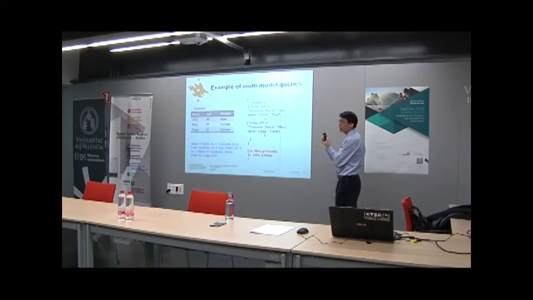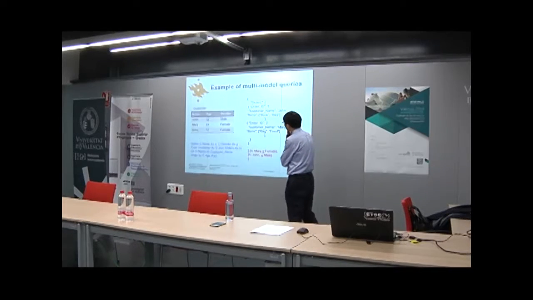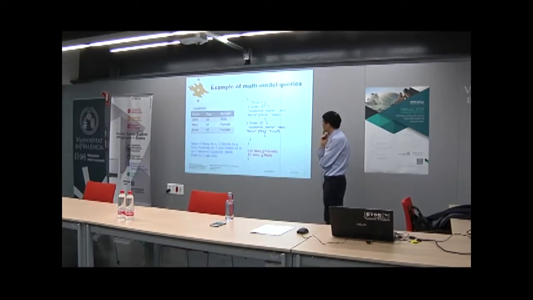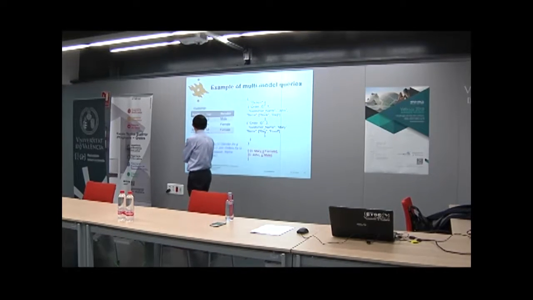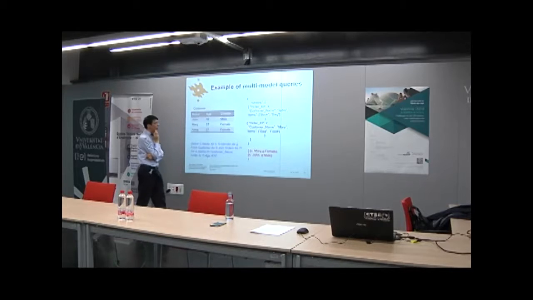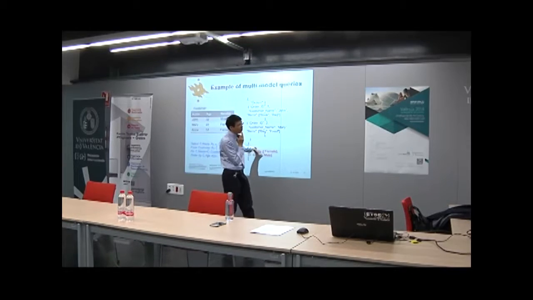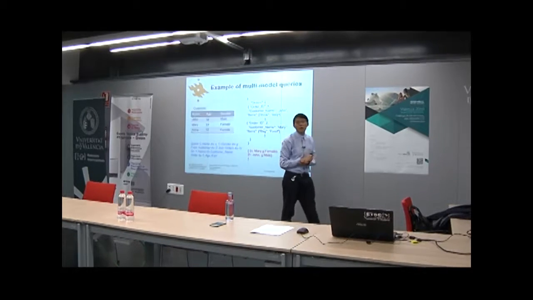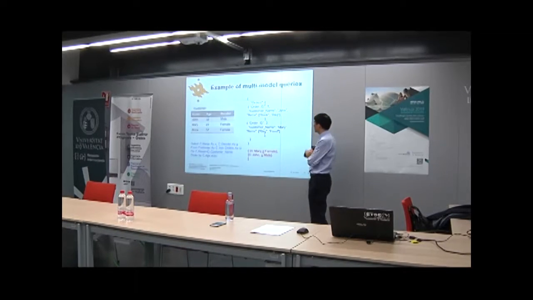This is a second example of multimodal queries. This is more complicated than the previous one, but the idea is the same. We want to do the join between the customer table and the order JSON, and we want to order all the information by the age of these customers. So this is the answer. If we want to encode the answer as JSON, we can output an array.